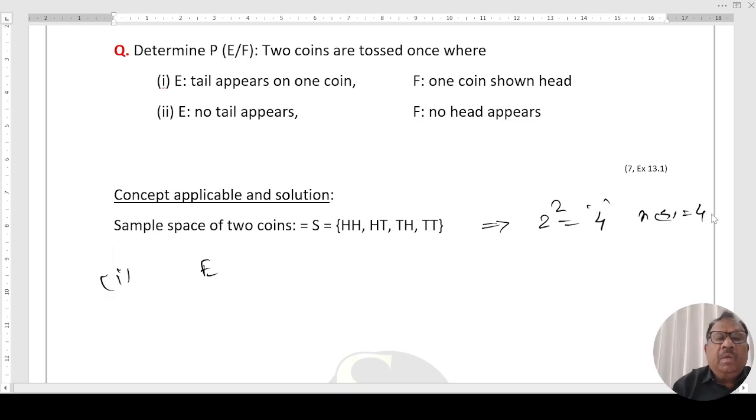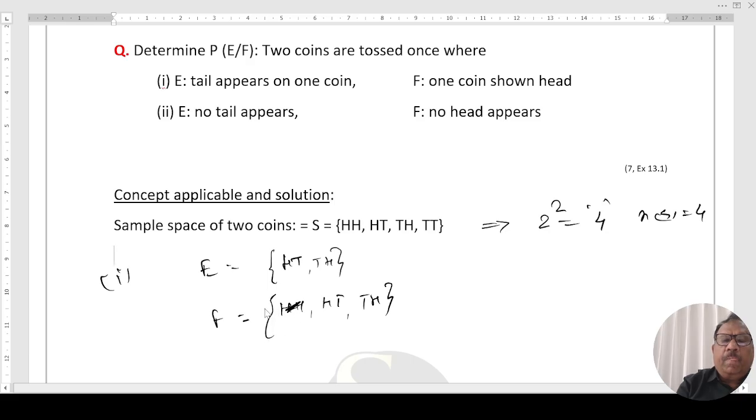Right? E, the tail appears on 1 coin, यानी कि HT, TT, TH. Tail appears on 1 coin. F element हो गया 1 coin shows head: HH, HT, TH. 1 coin head shown.